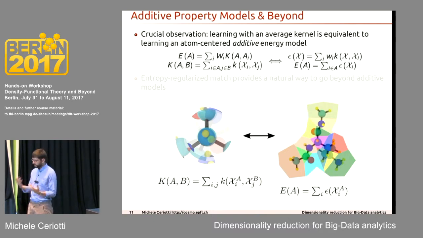So there is a correspondence between taking the simplest possible form of combination in building your global kernel and, in a certain sense, the simplest possible expression for the energy of an extended system, which is breaking it down in atom-centered contributions.